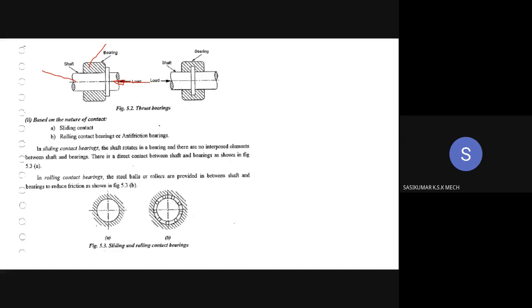And the next classification is based on the nature of contact, that is, how the rotating element and stationary element are in contact with each other. Based on it, bearings are classified as sliding contact bearing and rolling contact bearing. Rolling contact bearings may be called anti-friction bearings because the friction compared with the sliding contact bearing is very minimum.